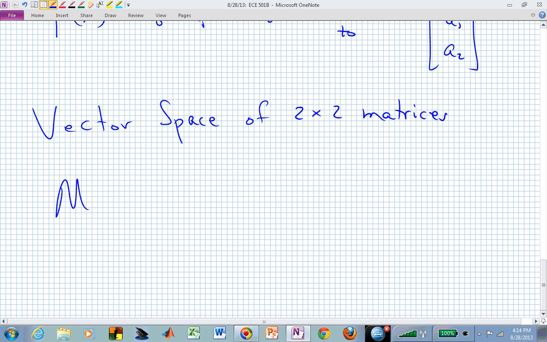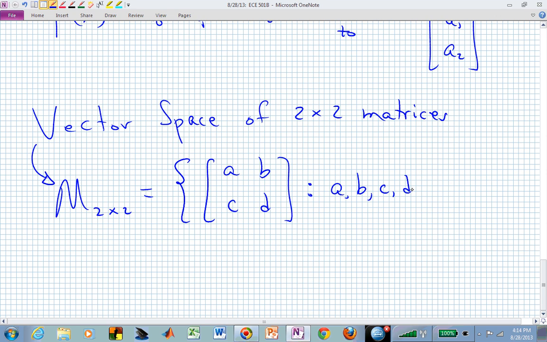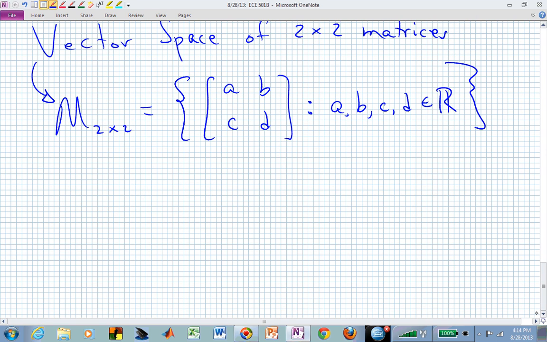Meaning now we might say, okay, here is our vector space, M sub 2 by 2, which we can build up as A, B, C, D, such that we want those A, B, C's, and D's to be drawn from the field of real numbers. And that's this typical 2 by 2 matrix that you're used to thinking of or playing with.